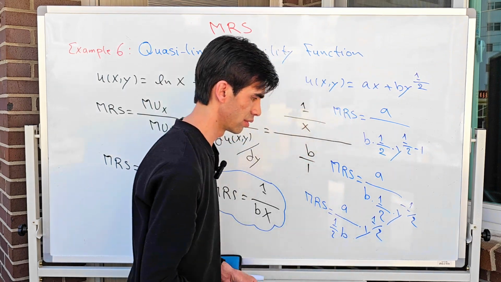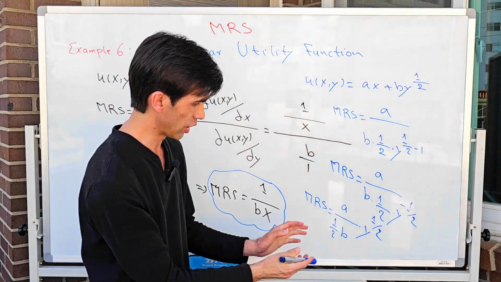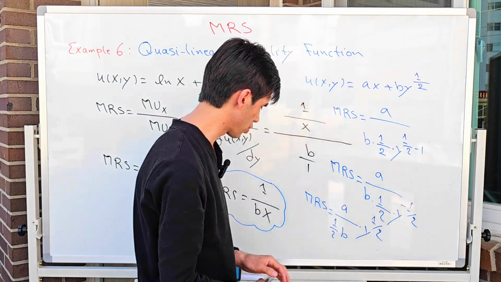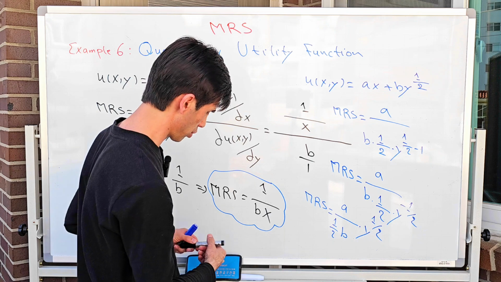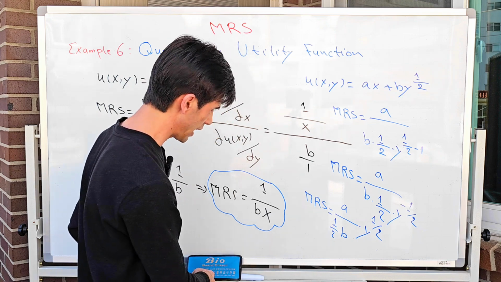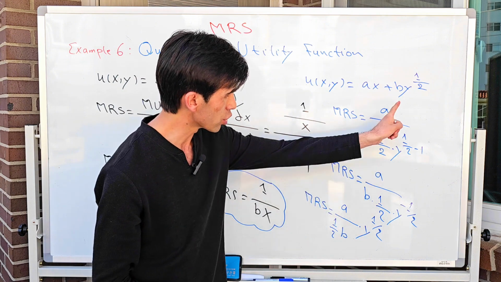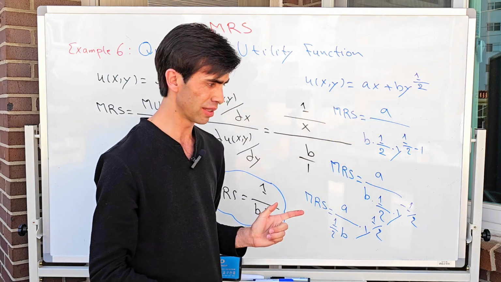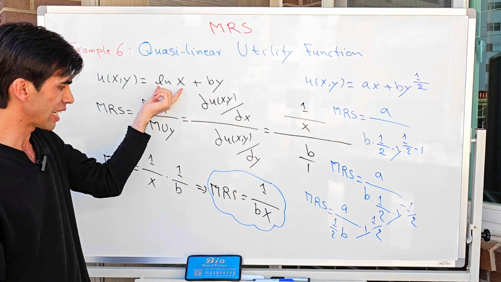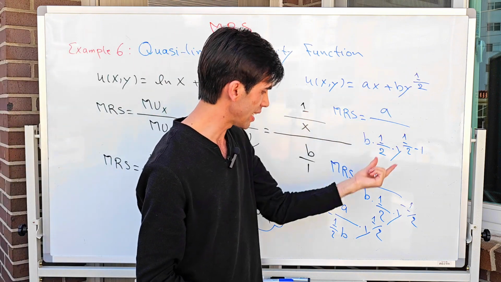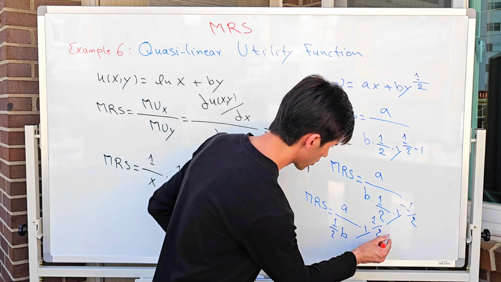When we move it out here, the negative changes to positive. So the marginal rate of substitution in this case, as you see, depends on the value of y, because y is the non-linear good in this case. In the previous function, x is non-linear, so it depends on the value of x. In this function, y is non-linear, so it depends on the value of y.